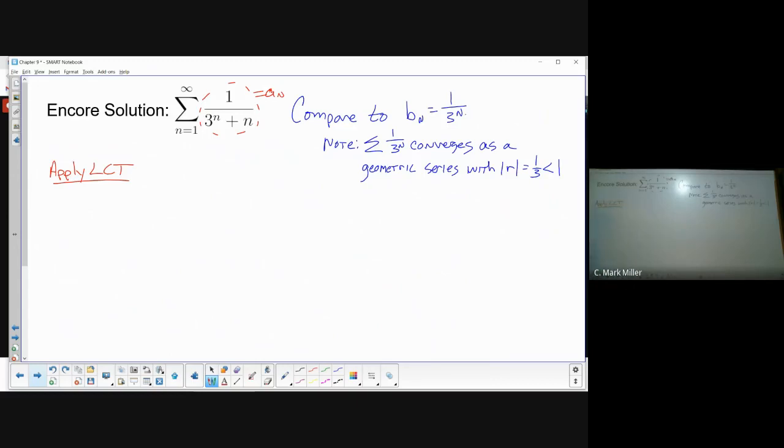It doesn't matter which one you bring on top of the other one. So this is going to be limit n goes to infinity. Right. Let's put b in the numerator just to be rebellious. 1 over 3 to the n. Denominator 1 divided by n plus n.